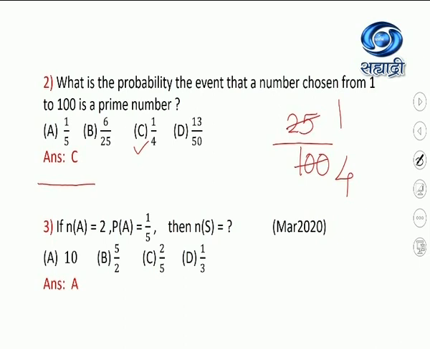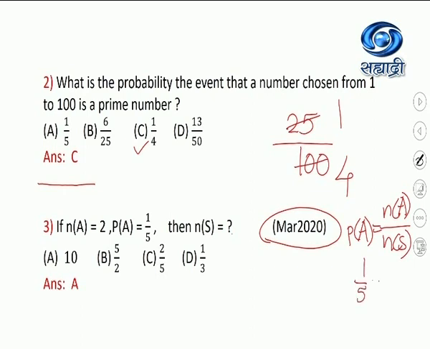Now let's see the third one. If n of A is equal to 2, P of A is equal to 1 upon 5, then n of S is equal to question mark. This question was asked in March 2020. You all know the formula for probability: P of A is equal to n of A upon n of S. Now let us substitute values. 1 upon 5 is equal to 2 upon n of S. So after cross multiplication, 5 twos are 10.